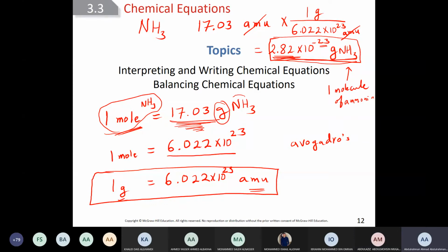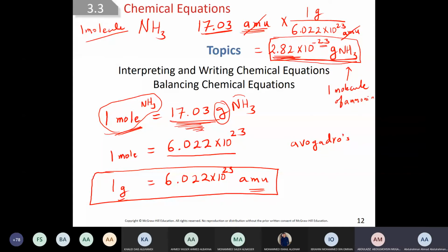If I tell you the mass of only one molecule, what's the mass of one molecule of NH3? It's the same mass, but the unit is AMU. Can I change AMU into gram? Yes, by dividing by Avogadro's number.